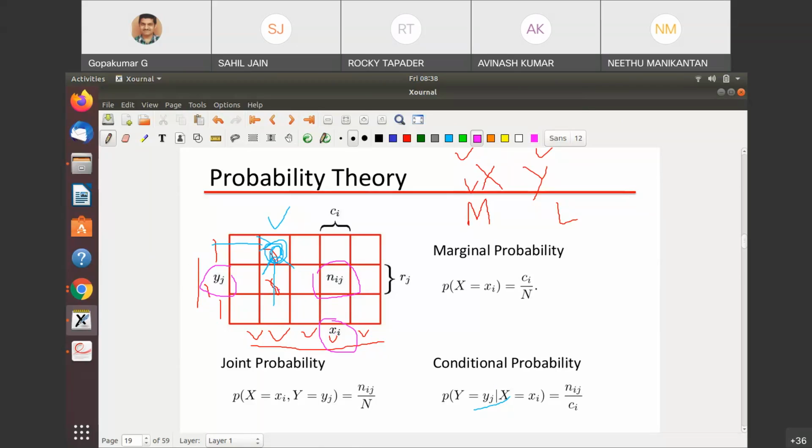Based on that, we can define different probabilities.